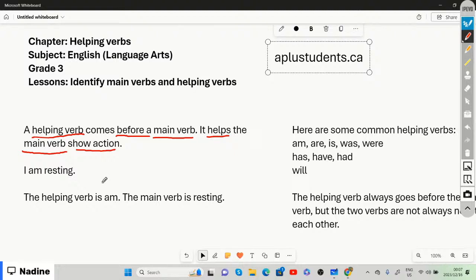Sometimes it's easier to first identify the main verb within the sentence, and then you just look for the word in front of that main verb that will tell us what the helping verb is.